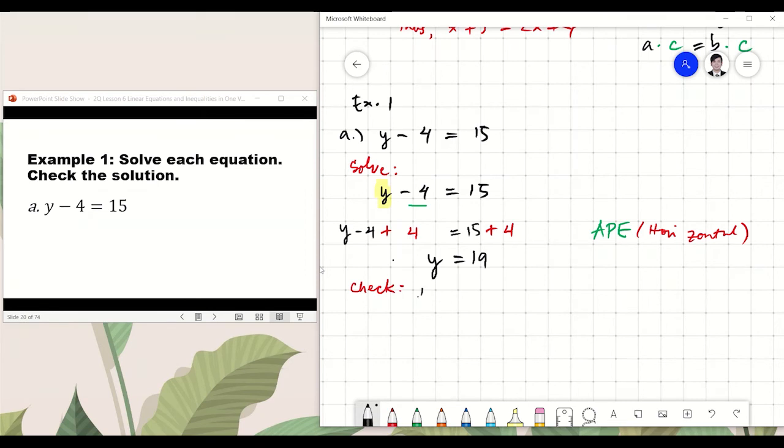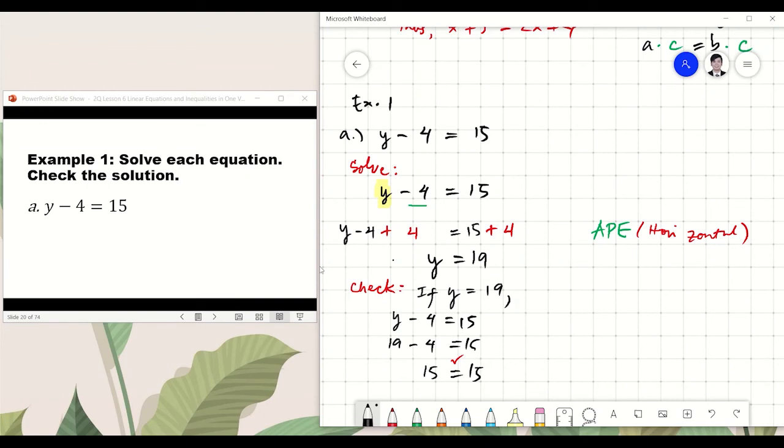So our assumption for now is that the y must be 19 to make it a true statement. So let's try to substitute 19 to y. 19 minus 4 is 15, which is true. So we put a check mark above our equal sign.